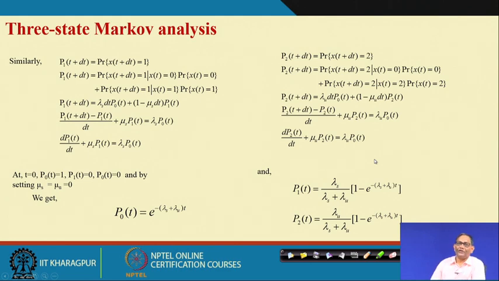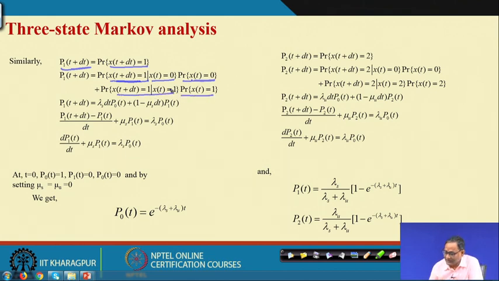So, in the same analogy, the way we have found P0(t plus delta t), you will be able to find P1(t plus delta t). So, P1(t plus delta t) means it is in state 1, then this is nothing but that it was in state 0 and the transition takes place to state 1, plus it was in state 1 and remains in state 1.